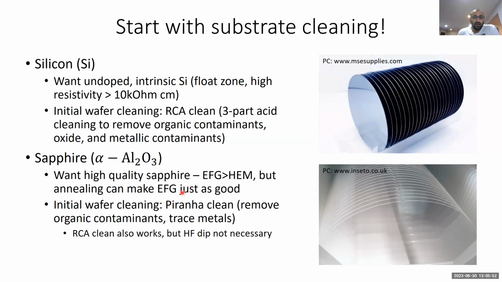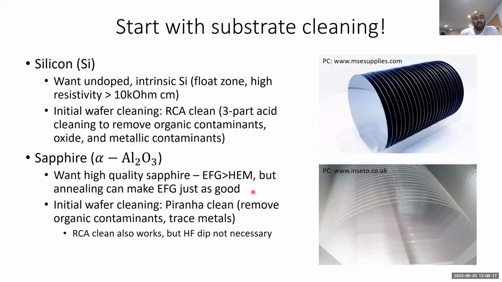For sapphire, you want high-quality sapphire. There are several different grades of sapphire, and the EFG grade is the most common one. But recent work from our lab has shown that HEM grade sapphire can be even better. Now, if you have access to a furnace, you can also anneal your sapphire to make it lower loss. In that case, EFG can be nearly as good as HEM after annealing.